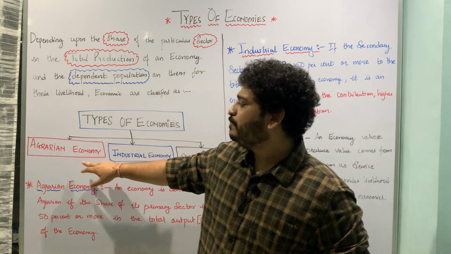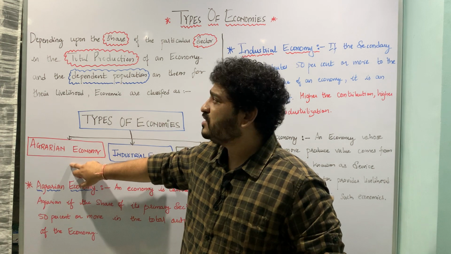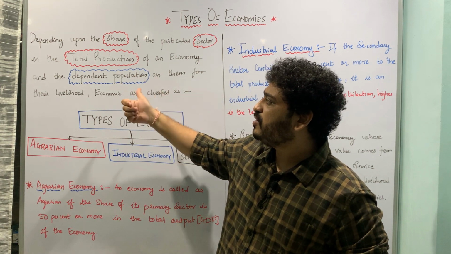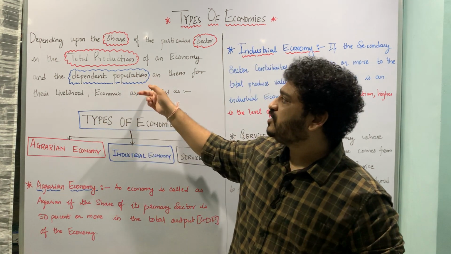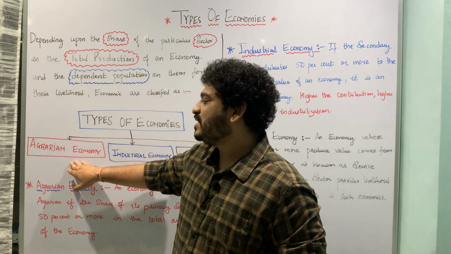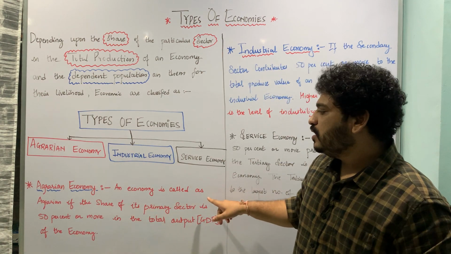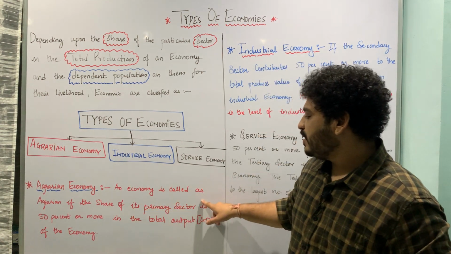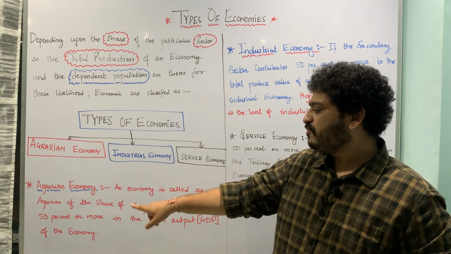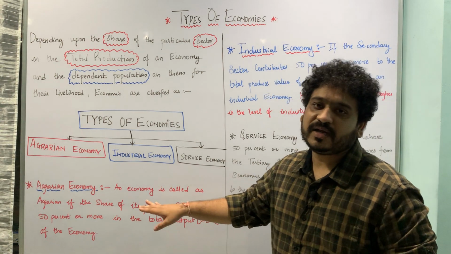First of all, depending upon the share of agriculture or primary activities in the total production or GDP of a country and the underlying population dependent upon that particular sector, an economy is termed as an agrarian economy. So, an agrarian economy is an economy in which the share of its primary sector is 50% or more of the total GDP of that economy.